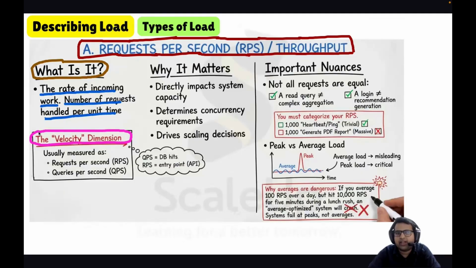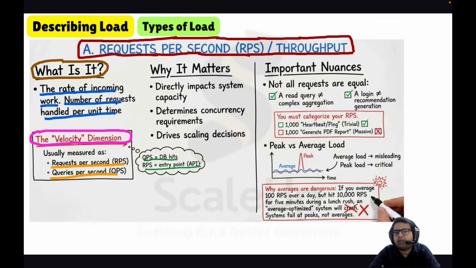It is usually measured as requests per second or queries per second. Queries per second usually refers to database hits, because in a database the request is called a query.